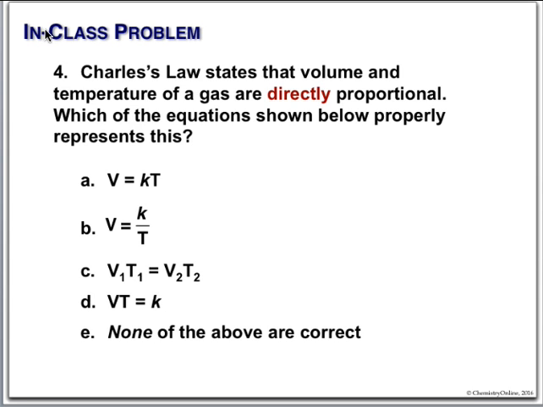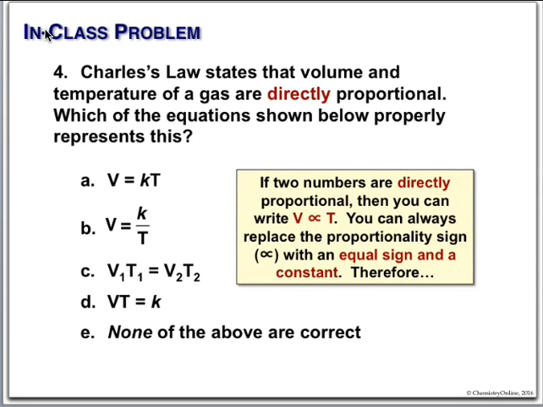Our third one, well, if we go ahead and divide this out, that's V1 T2 equals V2 over T1, that's nonsense. That's nobody's law. And finally, here, we change this to proportionality. That makes no sense at all.